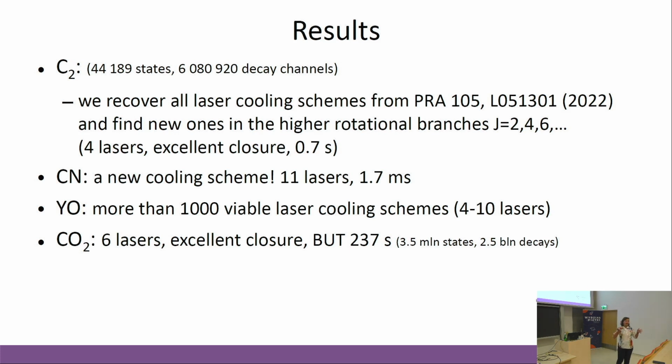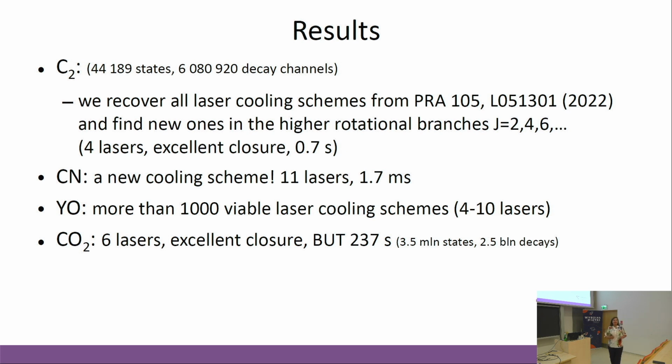For YO, even though we know it's laser cooled and very efficiently laser cooled, we detected more than 1,000 laser cooling schemes. And also interestingly, we looked at CO2 with our drive to look for more chemically typical molecules.